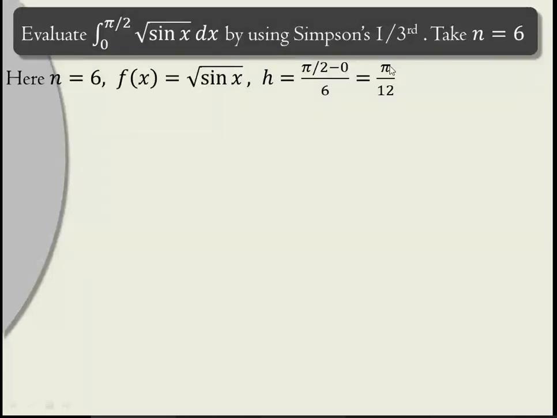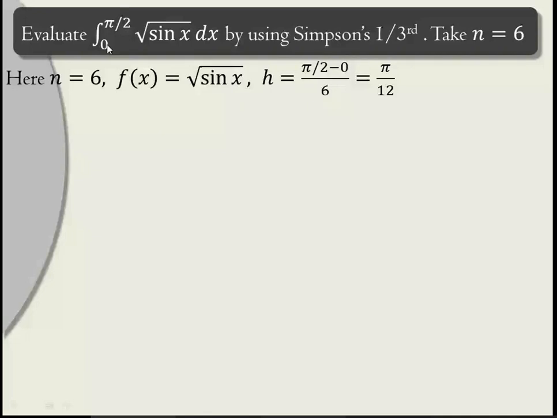The lower limit is x0 and the upper limit is xn, that is x6. So we have to find the in-between values. How to find the values? X1 will be x0 plus h. X2 will be x1 plus h. X3 will be x2 plus h. So take this as h, take x0 as 0 and reach up to pi by 2.